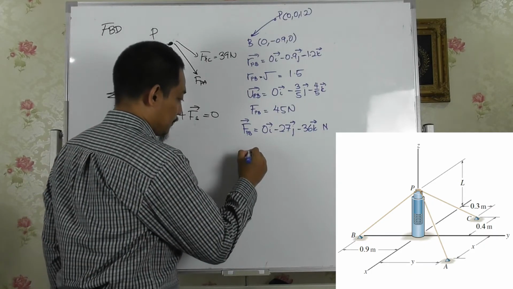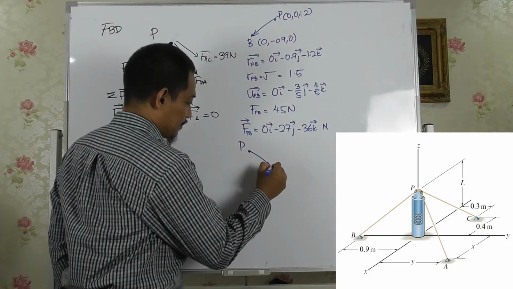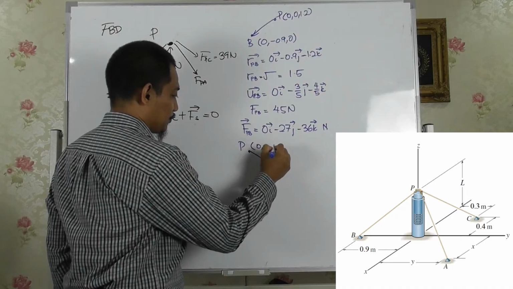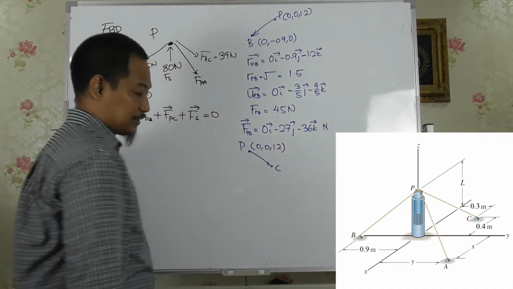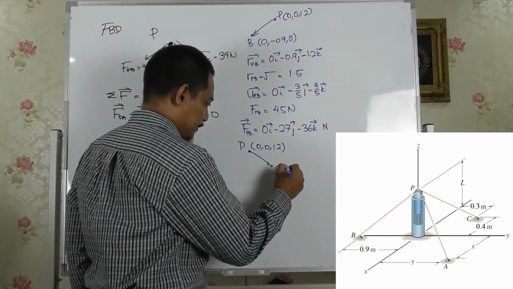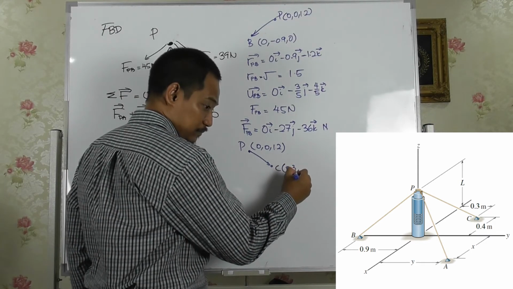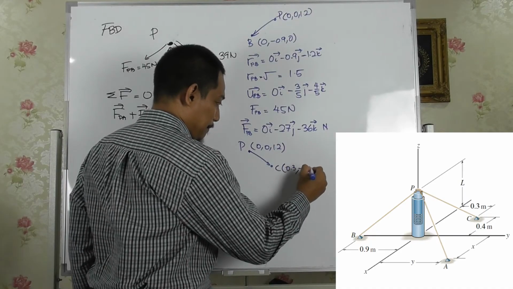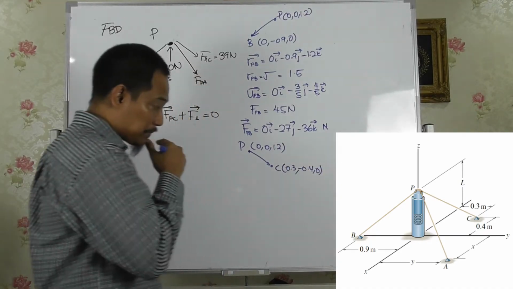So PC. P is the same coordinate, 0, 0, 1.2. C is 0.3, minus 0.4, 0.